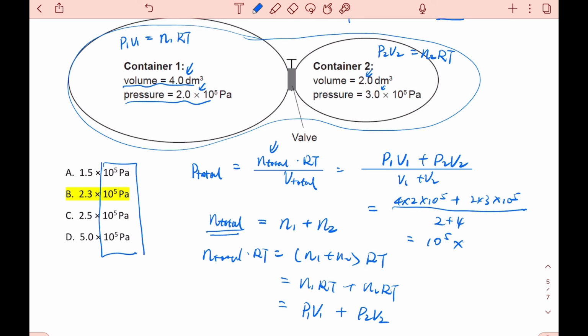Then the number that we are multiplying is 8 plus 6 over 6. So that's 14 over 6, which is 7 over 3. That's not 2.5 yet, it's actually 2.3, 2.3 times 10 to the power 5. So B is our correct answer.